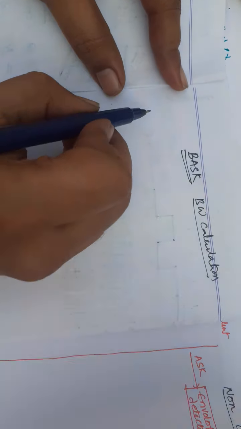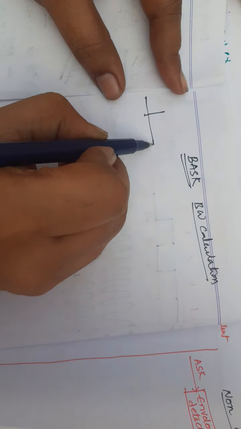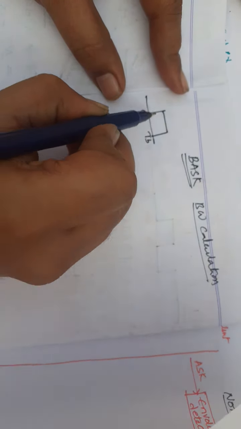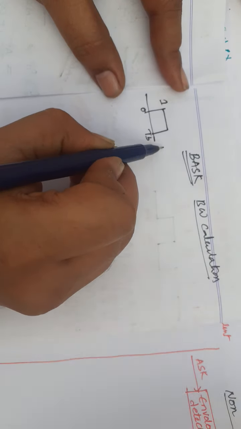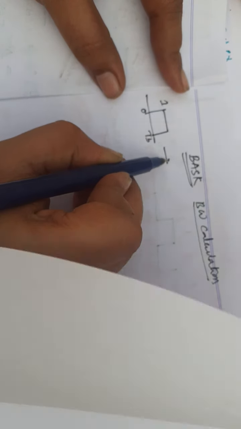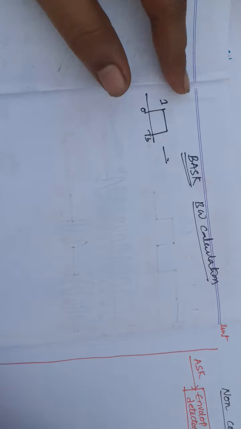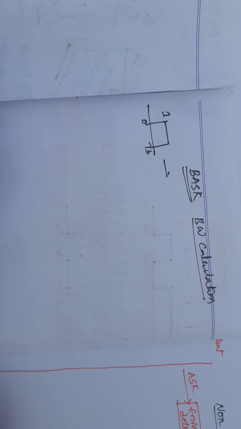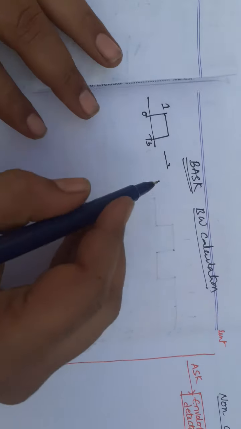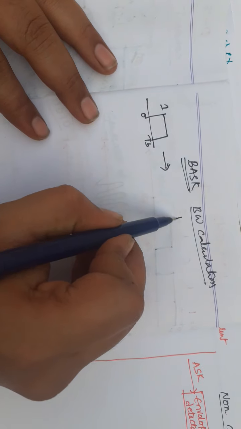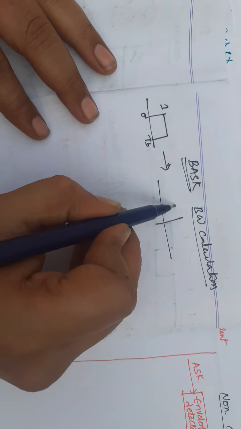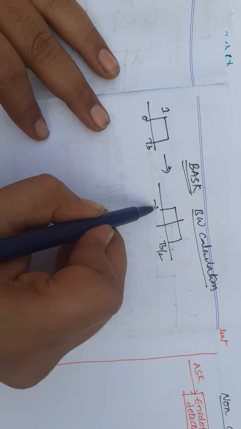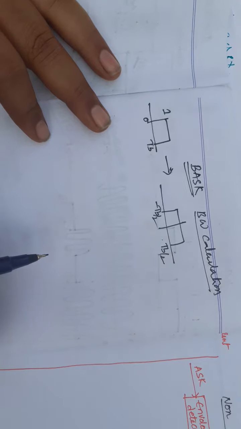We know that the bit of duration TB will be this one, from 0 to TB, amplitude is 1. By shifting towards the left, it becomes TB by 2 here, minus TB by 2.